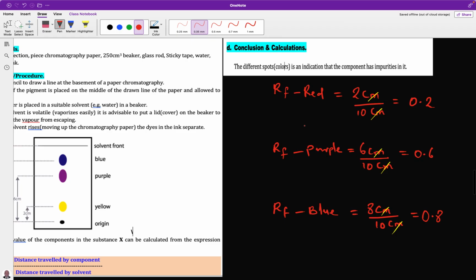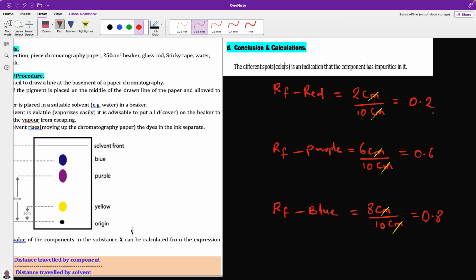Let's say for red, the distance was 2 centimeters, divided by 10 centimeters, which is the distance traveled by the solvent. And now, what will be the RF value? The RF value for the red component will be 0.2.